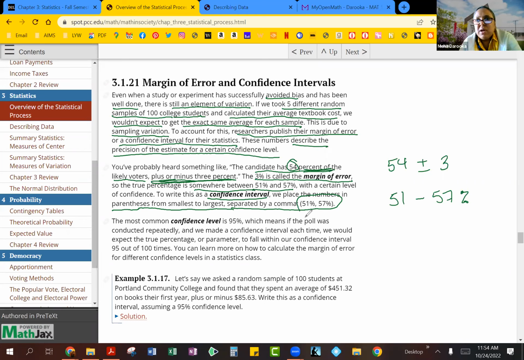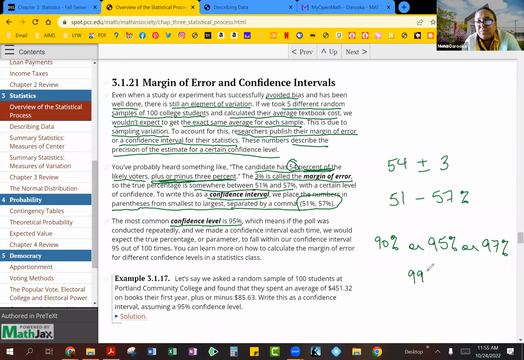Now we also have different levels of confidence intervals. You will see a lot of times they use a 90% confidence interval, 95% confidence interval, or 97% confidence interval. And 95% just happens to be that sweet spot where most of the confidence levels are going to be. But remember, you can be at 90%, 95%, or 97%.